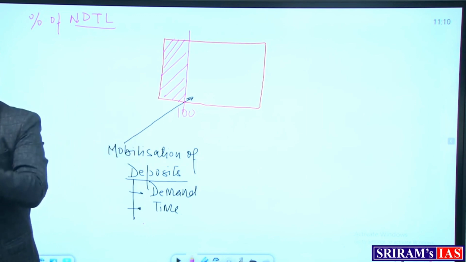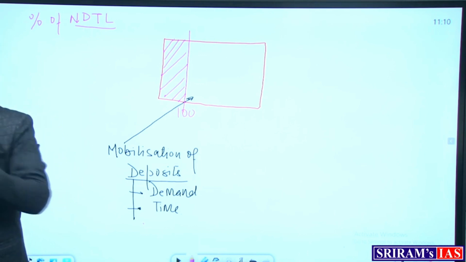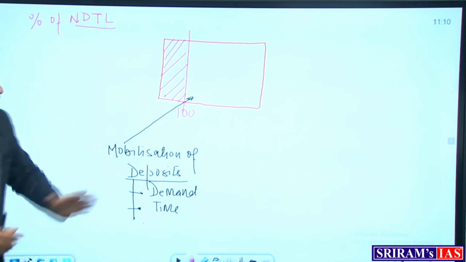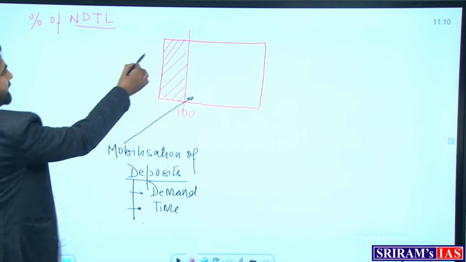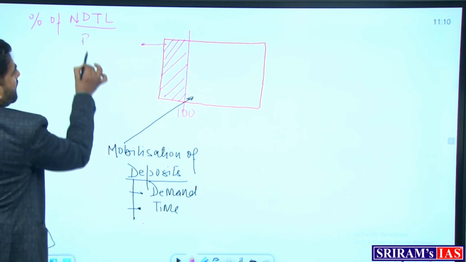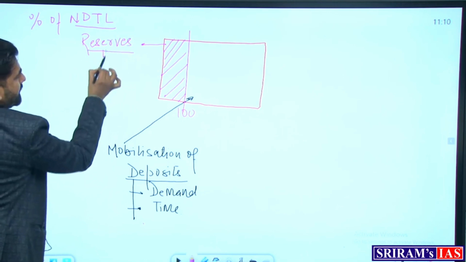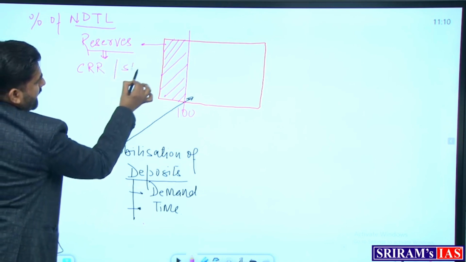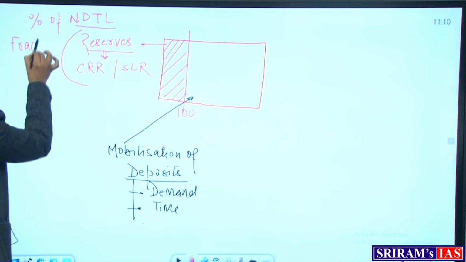Now try to understand: CRR and SLR are called reserves, reserve requirements which have to be complied with by the bank itself. This concept that a certain percentage of NDTL has to be set aside in the form of reserves, which are CRR or SLR, is known as the fractional reserve banking system.